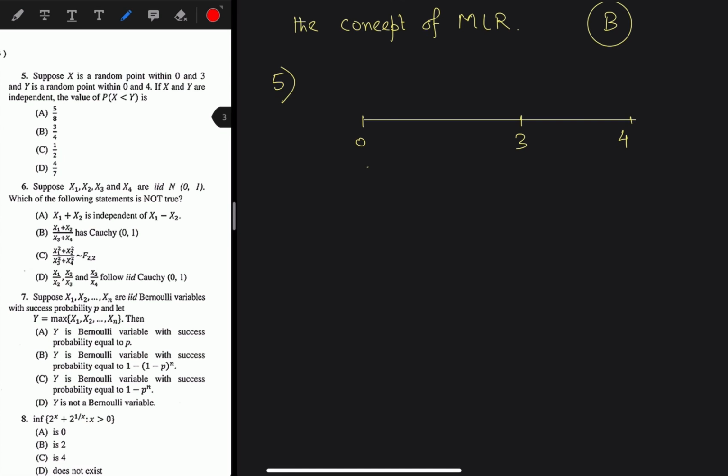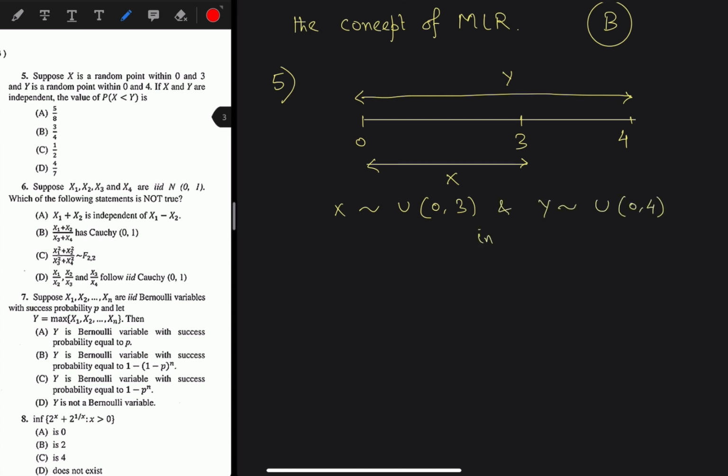So we have a random variable, let's say capital X, which can take any value between 0 to 3, and another random variable Y, which can take any value between 0 to 4, and X and Y are independent. So we can say that X follows uniform 0, 3 and Y follows uniform 0, 4, and obviously independently.